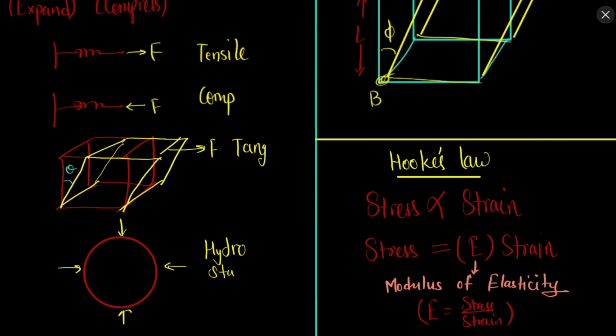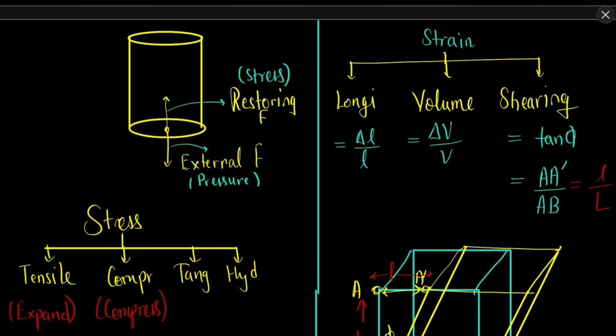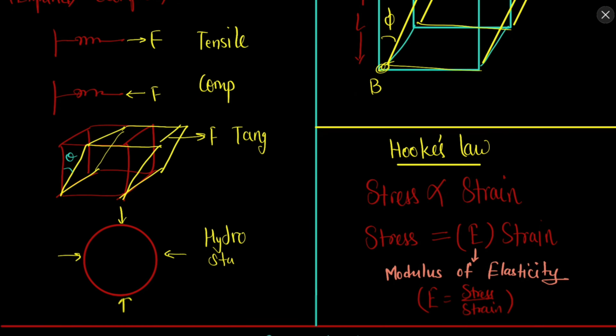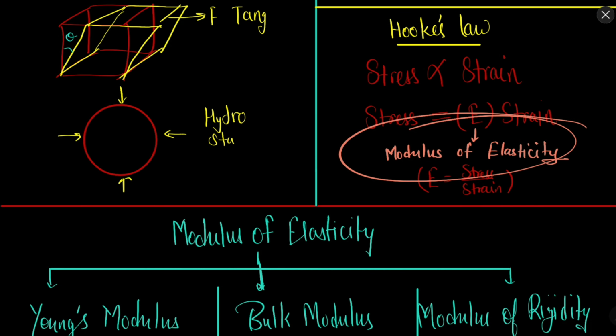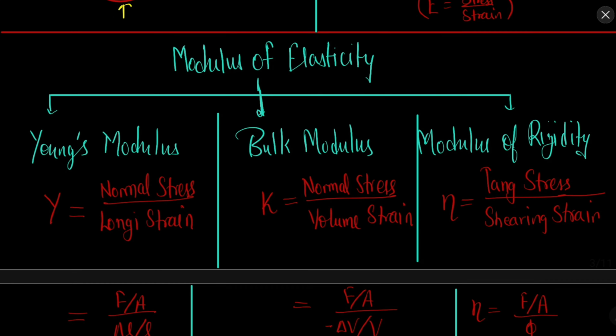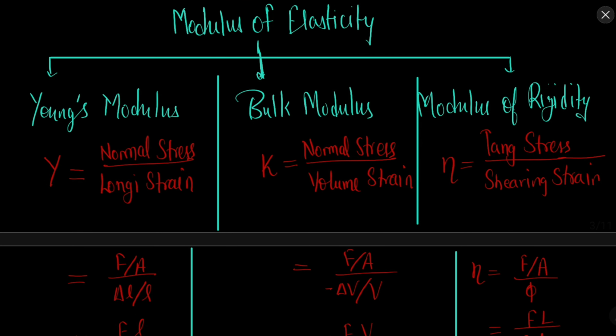Now, as we have different types of stress and different types of strains, we will have different types of modulus of elasticity as well. The modulus of elasticity is of three types mainly: Young's modulus, bulk modulus, and modulus of rigidity. So Young's modulus is the normal, usual modulus.